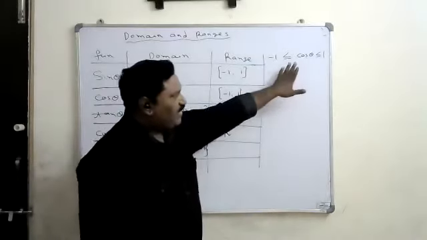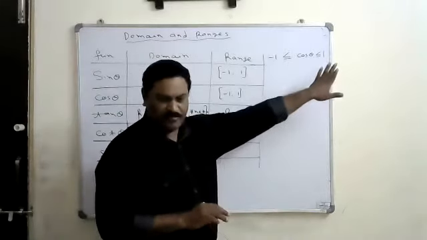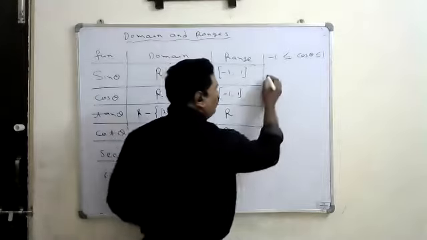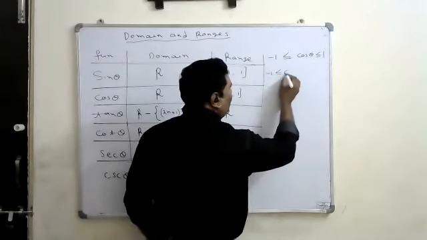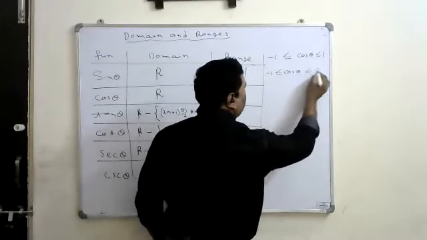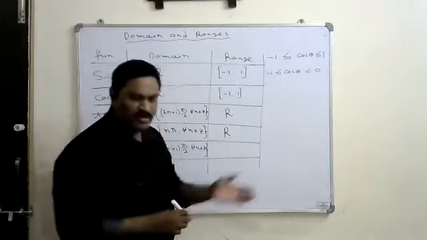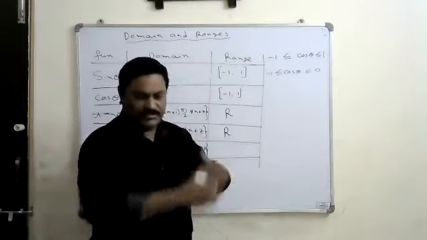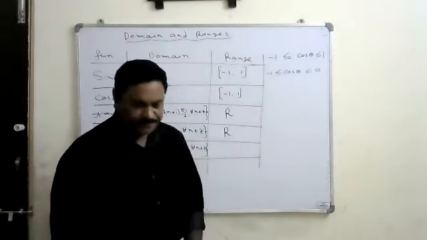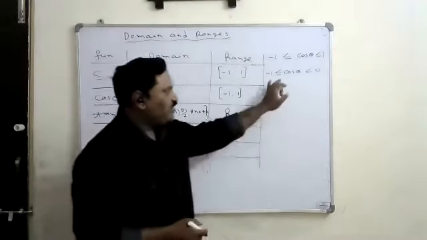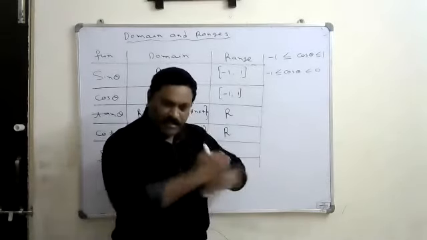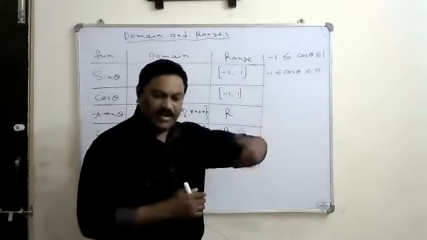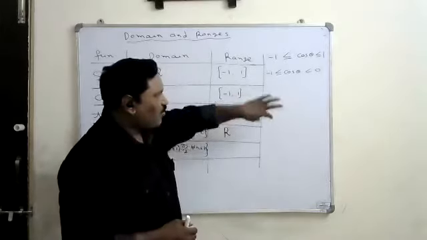That means it will take some negative values and some positive values. So we divide this into two intervals: -1 less than or equal to cos theta less than 0, which is the negative interval, and next the positive interval. If I take the reciprocal, the inequality gets reversed.